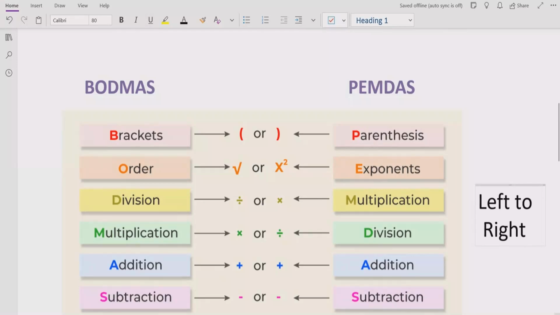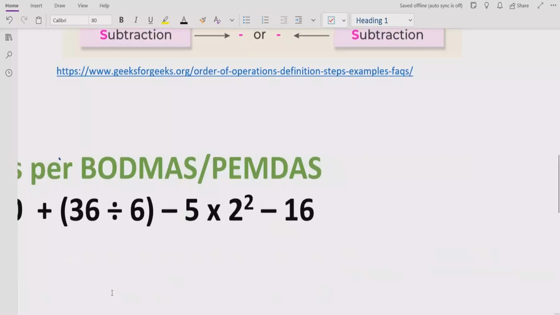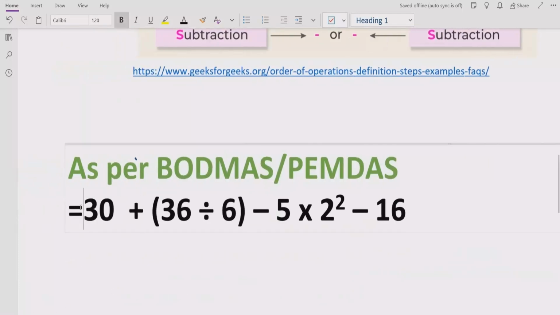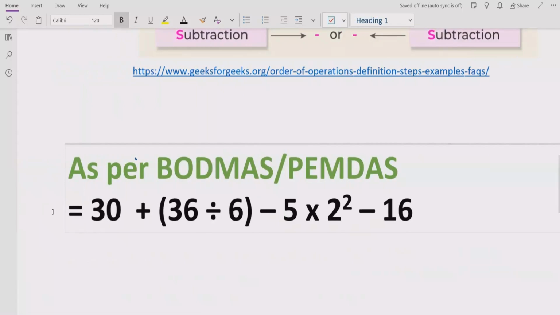Now, move forward to the given expression. As you can see on the screen, we have 30 plus bracket 36 divided by 6 minus 5 multiplied by 2 raised to power 2 minus 16. For BODMAS and PEMDAS, we have to solve the bracket first. In our expression, we have a bracket which is 36 divided by 6, so we will solve this part first.